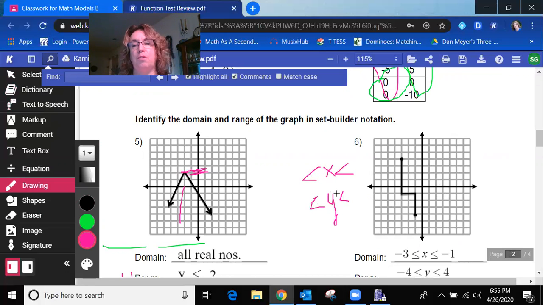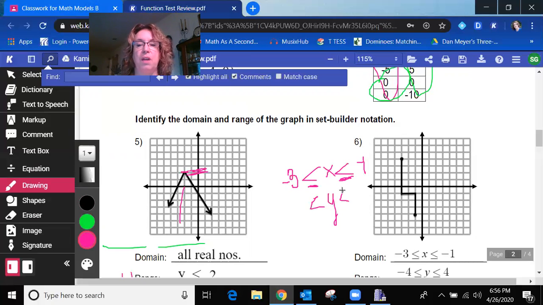So I get this written down first. That's the way I really write it. And then I find out what's the left number and the right number for the domain. So the left number is -3. And then I say, what's happening at that -3? Well, it's solid. And how far to the right? Well, it goes to -1. And that's solid. So I fill that part in.